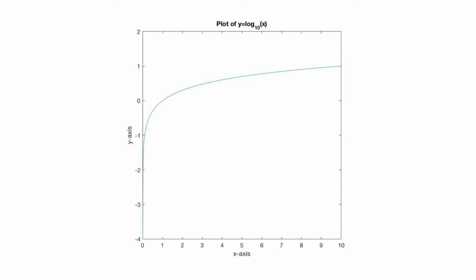And in fact, we can see this sort of inverse relationship between exponentials and logarithms if we look at the plot of a logarithm. So here I've plotted y equals log base 10 of x. It's maybe a little tricky to see, but we can put some points on here. At 1, my value is 0. So 1, 0 is on this plot.